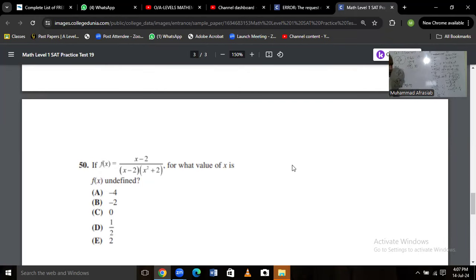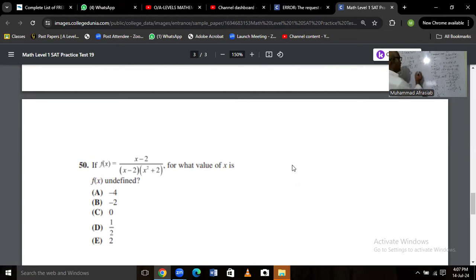The function f of x is equal to x minus 2 divided by (x minus 2) into (x square plus 4) plus 2. For which value of x is f of x undefined?